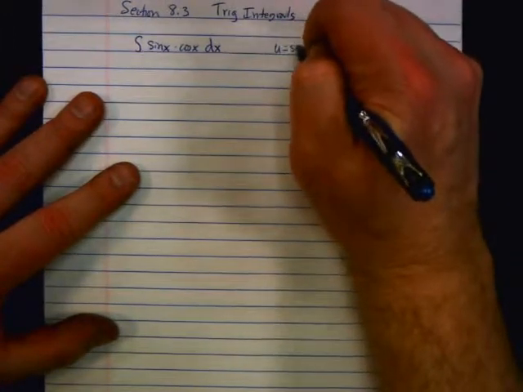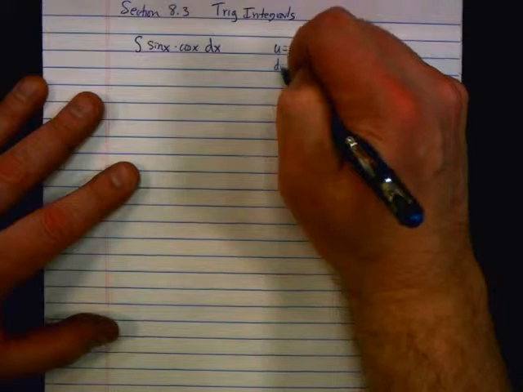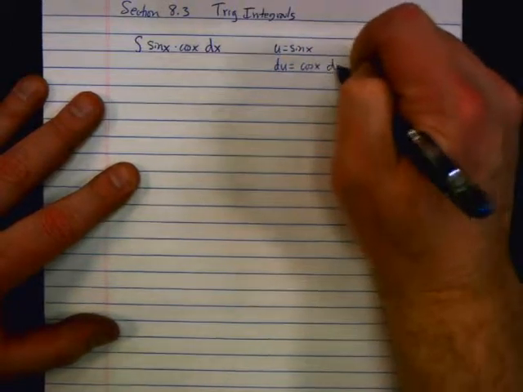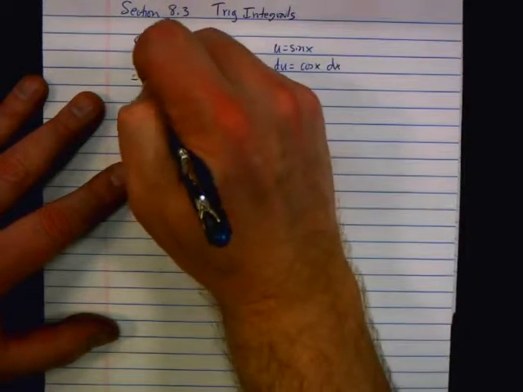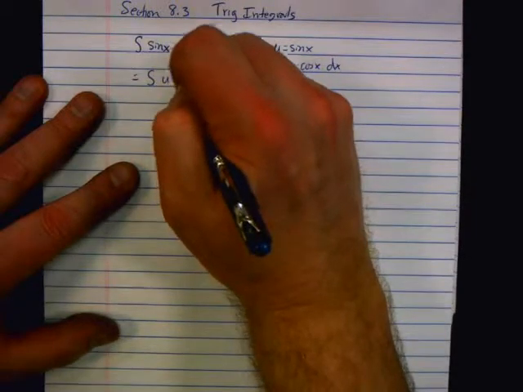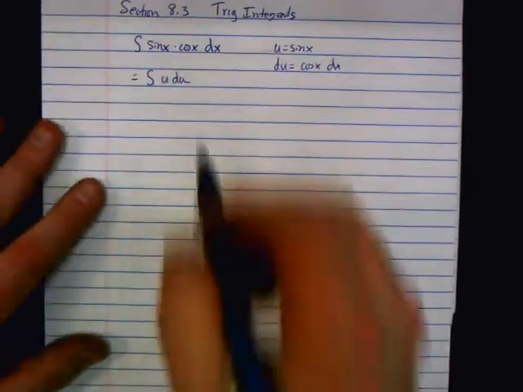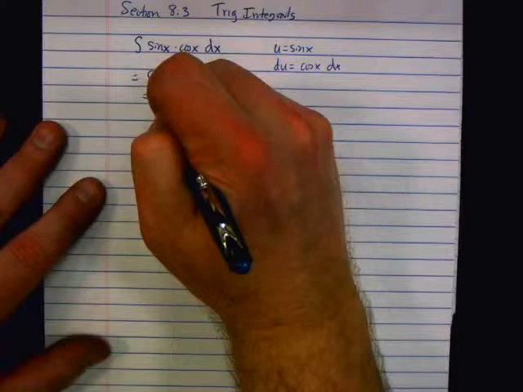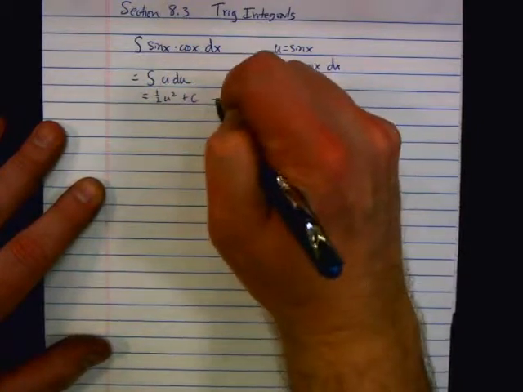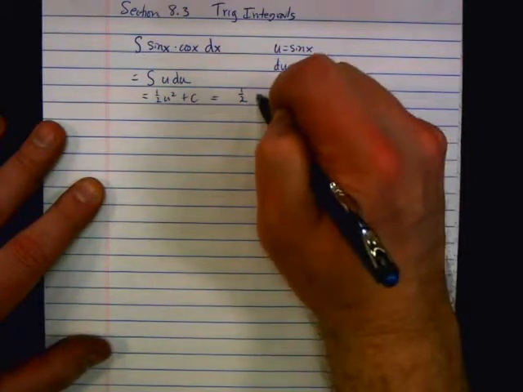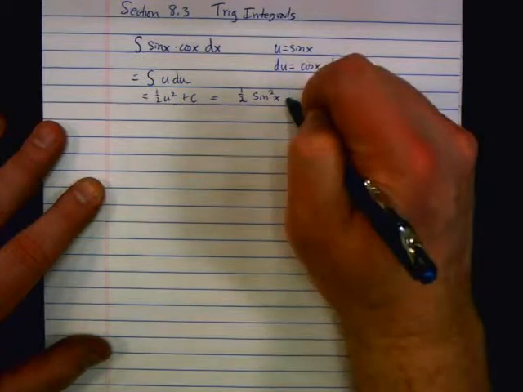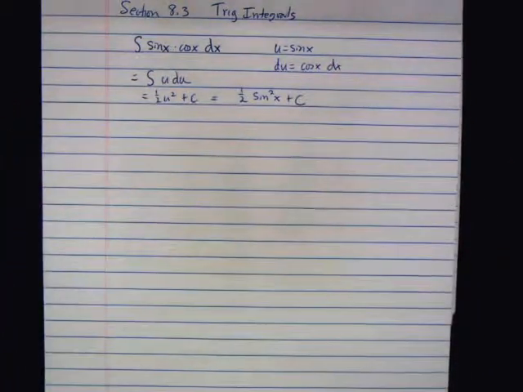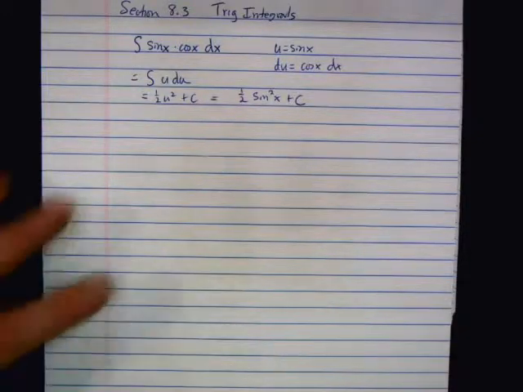So du is cosine x dx. It works out perfectly. This becomes the integral of u du, which is 1/2 u squared plus c. So the answer is 1/2 sine squared x plus c. That was an easy one.